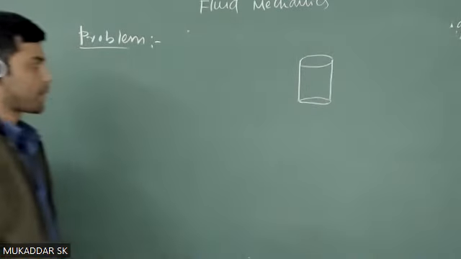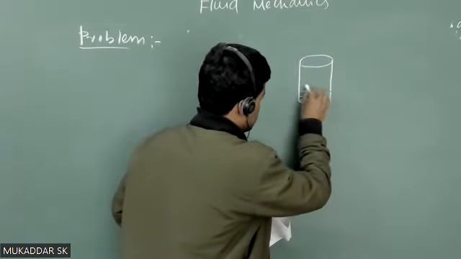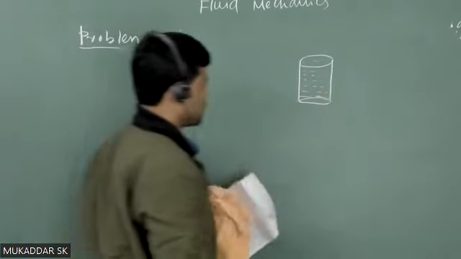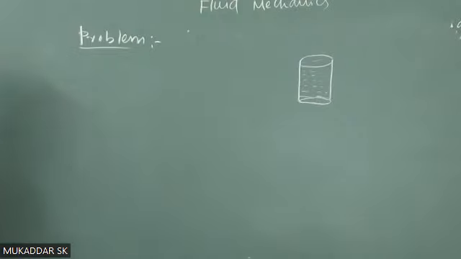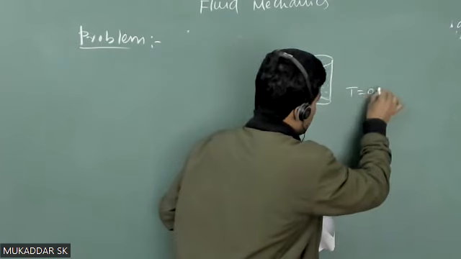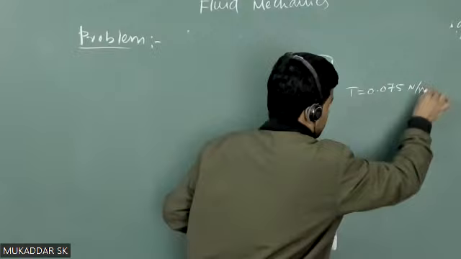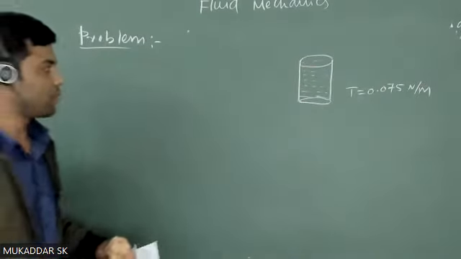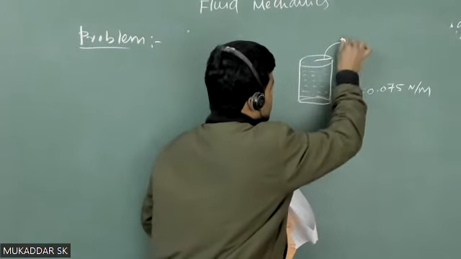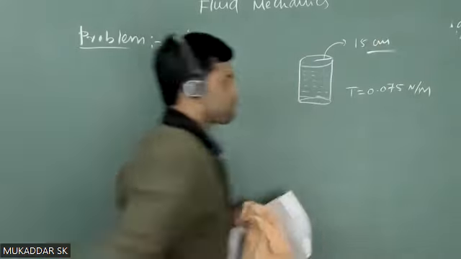Inside the glass there is a liquid, basically water. This glass is filled with water, and the surface tension of this water is given, and that is also important, 0.075 Newton per meter. The radius of this cylindrical glass is given, that is 15 centimeter.